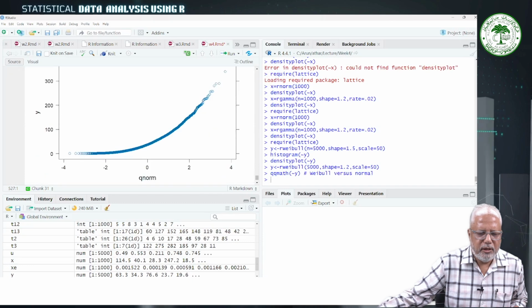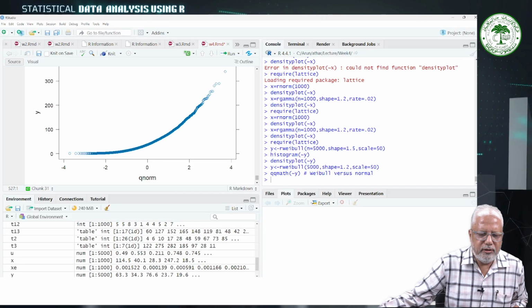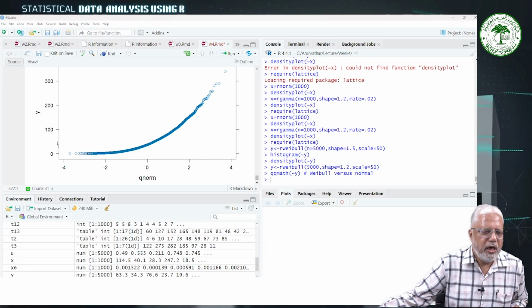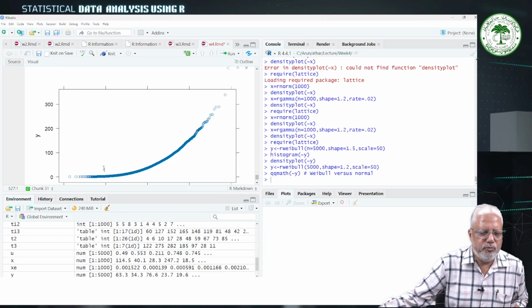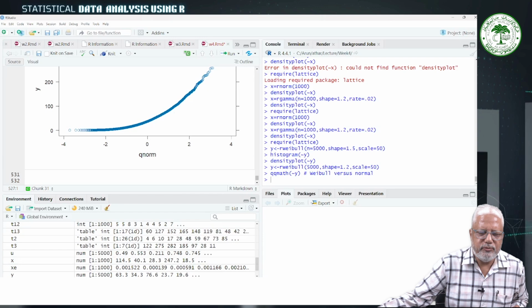It is not y equal to x, because on the x axis it is qnorm, the observations from the normal distribution, and on the y axis the observations from the Weibull distribution. Since both do not match, this kind of curve comes.